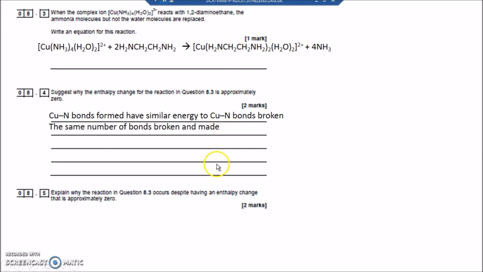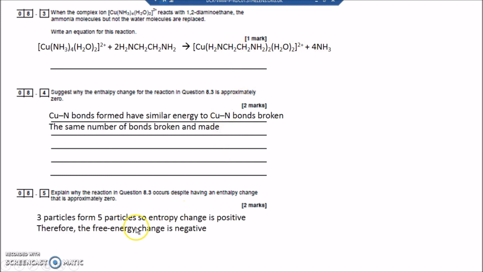Now if entropy increases, delta G, free energy change, must be negative, because delta G equals delta H minus T delta S, delta S being the entropy. And if it's minus T delta S, that becomes a larger minus value, and therefore Gibbs free energy change delta G becomes negative.